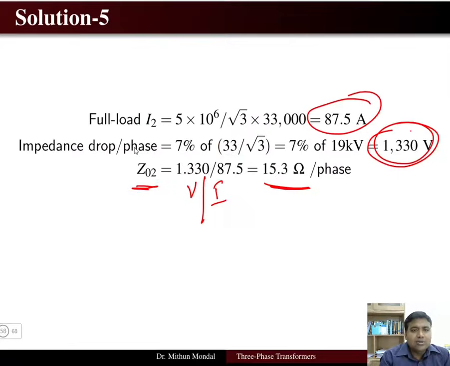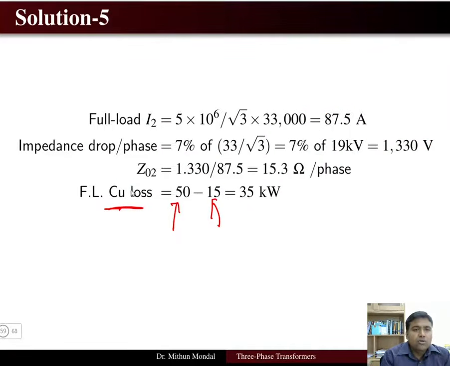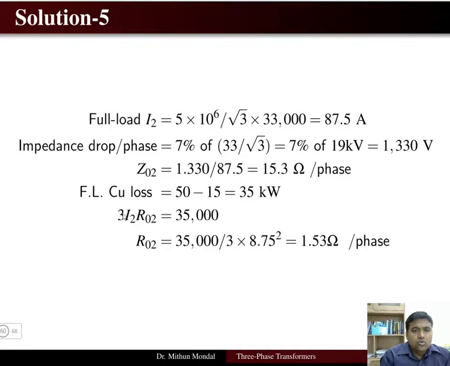So the subtraction of that will give you the full load copper loss. 50 kilowatt is the total loss minus the no load losses, which is basically the iron loss. So that gives 35 kilowatt. If we substitute it as 35,000, this is basically the full load copper loss.